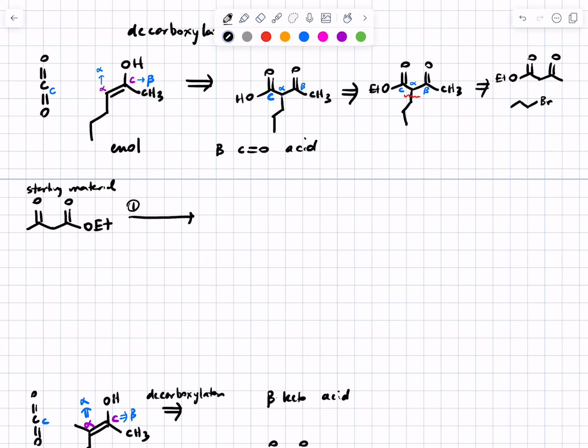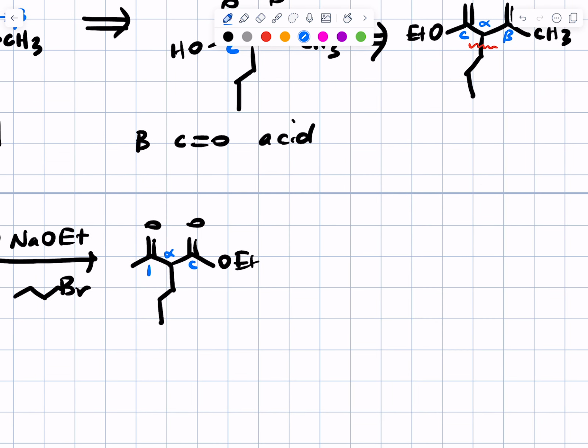Deprotonate it first. I can use a cheap and easy to get base. And then in a second step, I'm going to use this alkyl halide, my 3-carbon alkyl halide. Then I'm going to draw the monoalkylated beta keto ester.